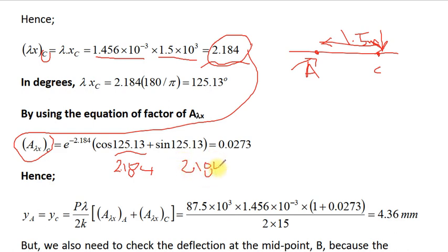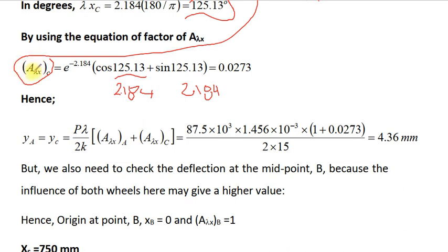But in your calculator, please change the system to radian. If you want to use degrees, you have to change the value of 2.184 to degree: 2.184 multiplied by 180 over pi. Then you can use your calculator in the degree system.